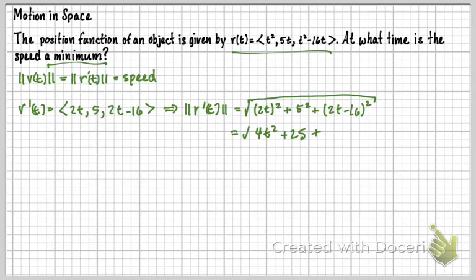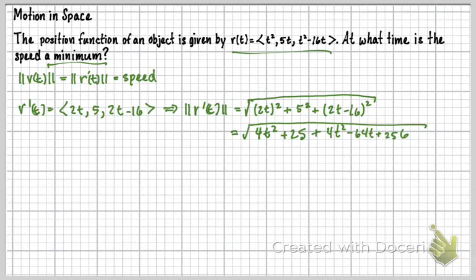So anyways, this is going to turn out to be 4t squared minus 64t, and then the last thing is going to be plus 256. And again, remember, it's all square rooted. Now we're going to simplify this as much as we can. We definitely want to before we start trying to minimize this thing.